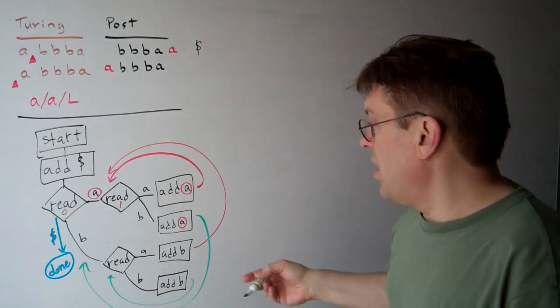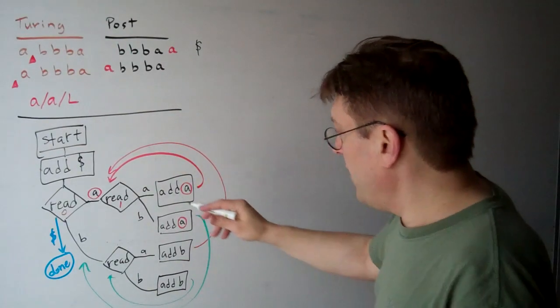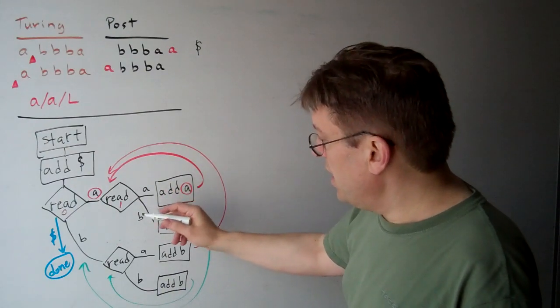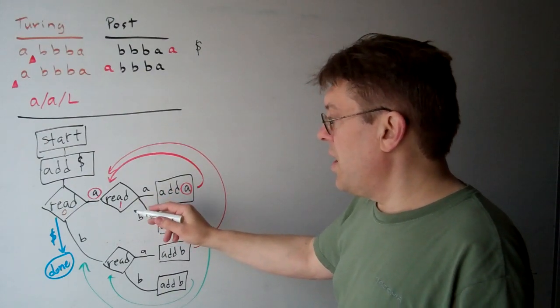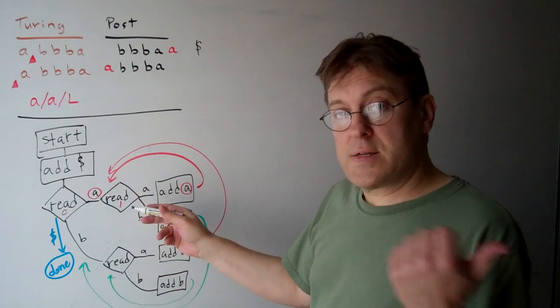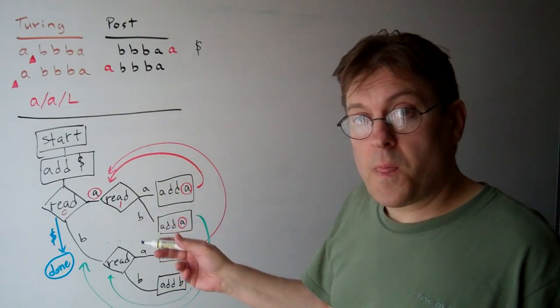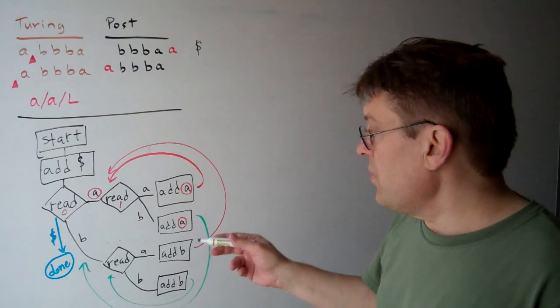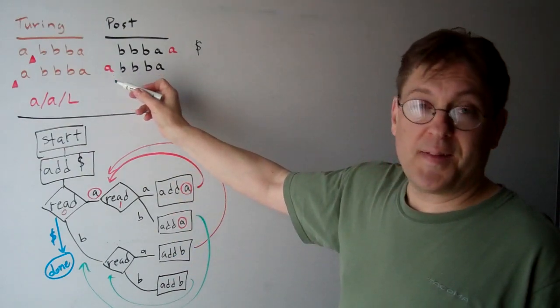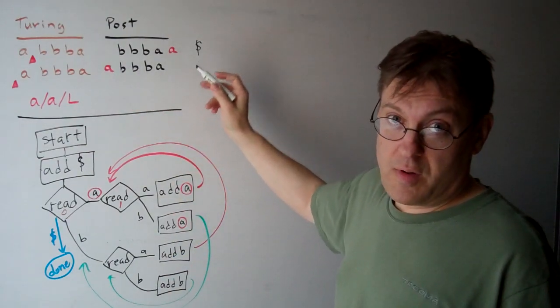So that's done. Now if I read a dollar sign in read 1 here, that means that the last character was an A, and I'm going to have to put this A at the front of this whole string I just wrote.